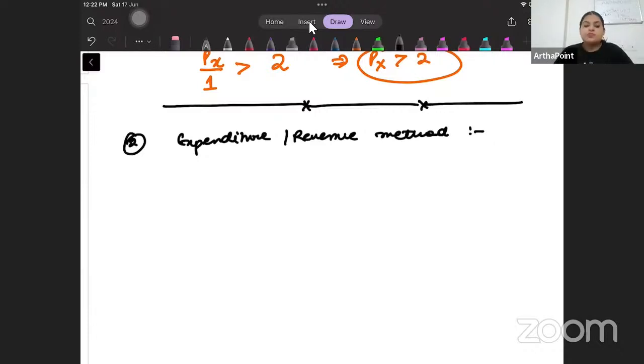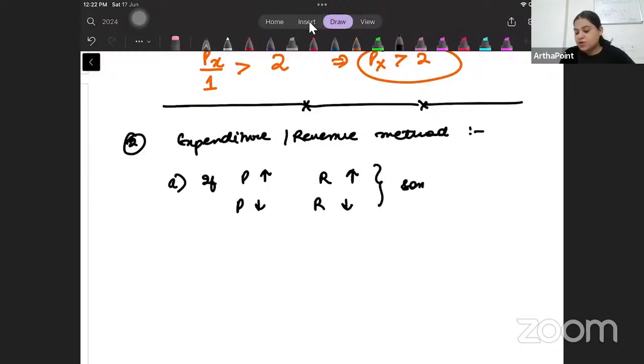So what is this? If price increases, revenue or expenditure increases, or price decreases, revenue or expenditure decreases, that means they move in the same direction, then it is inelastic.